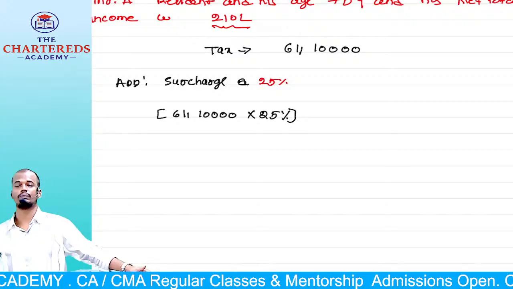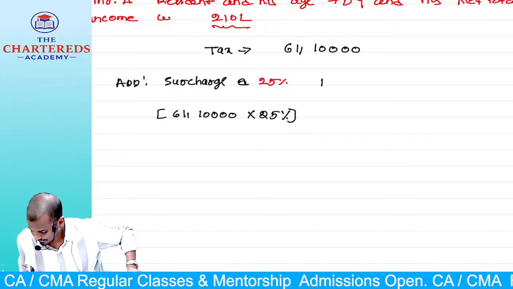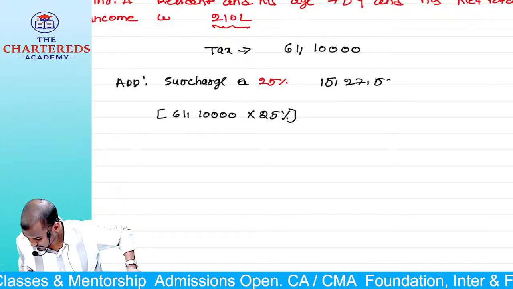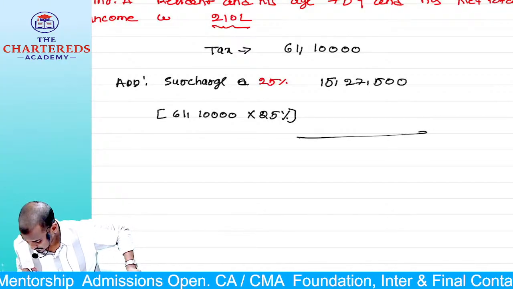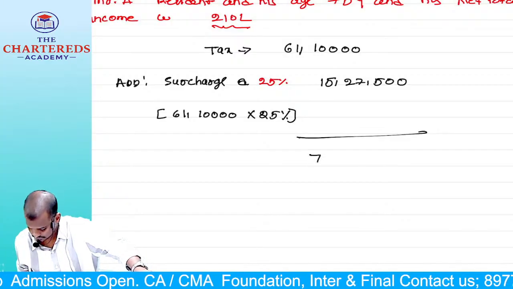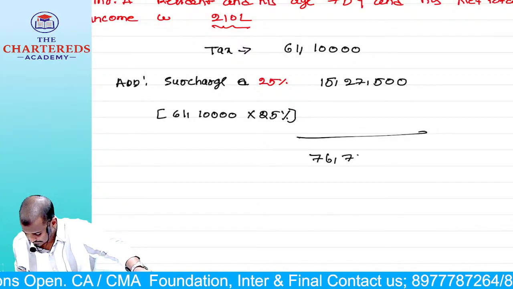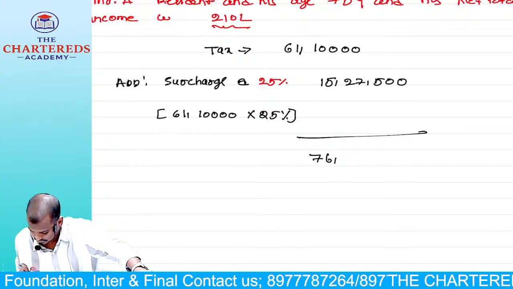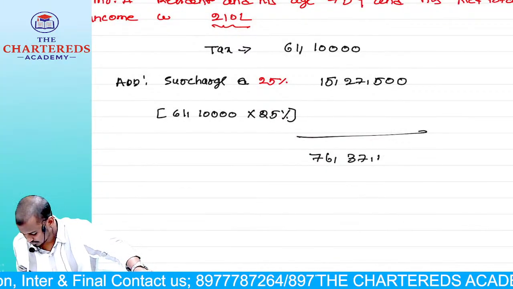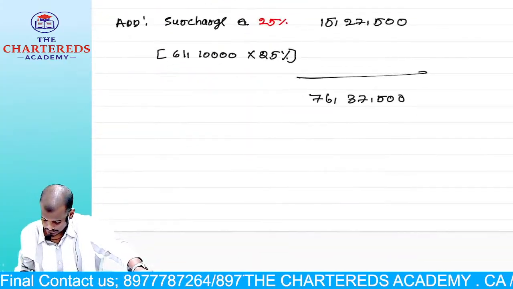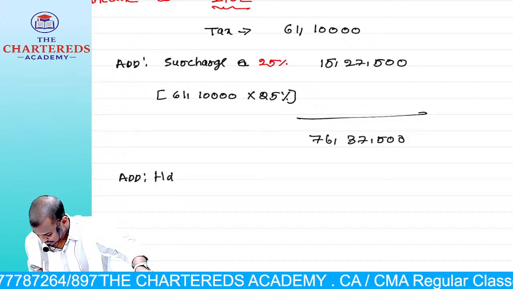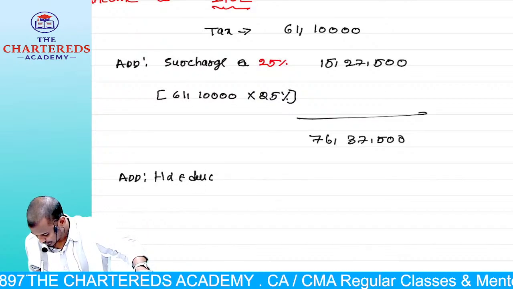What is your amount? 15,27,500. Then 77,000, 37,000. Health and education cess.